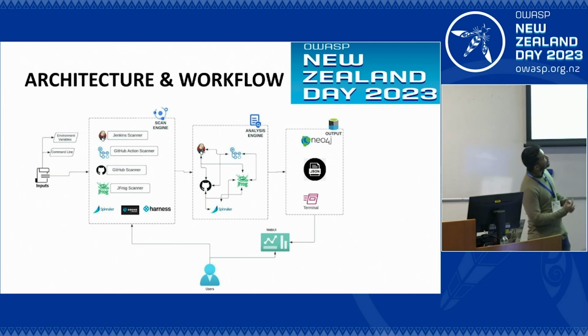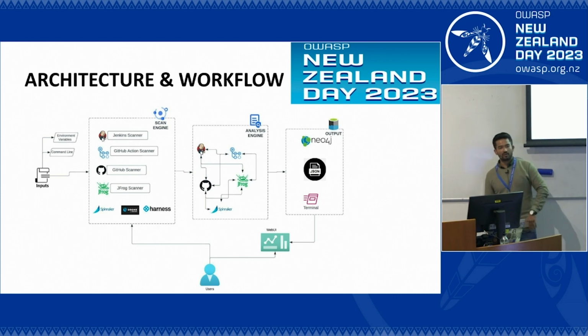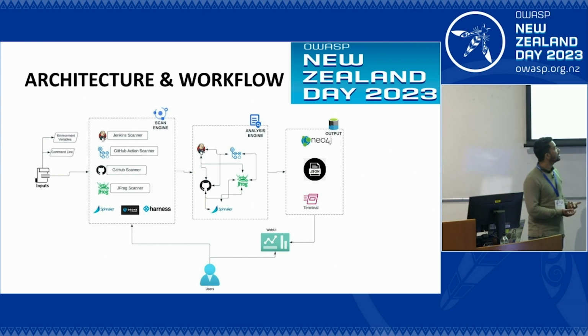As you do more and more scanning in your environment, the more analysis it will build out of it. So scanners, a bunch of Python scripts specific to each technology, can be run independently. At the same time, you have the option to put data into the Neo4j database. The analysis engine will fetch the data from the Neo4j database. The more technology you have, the more analysis it will be able to build.